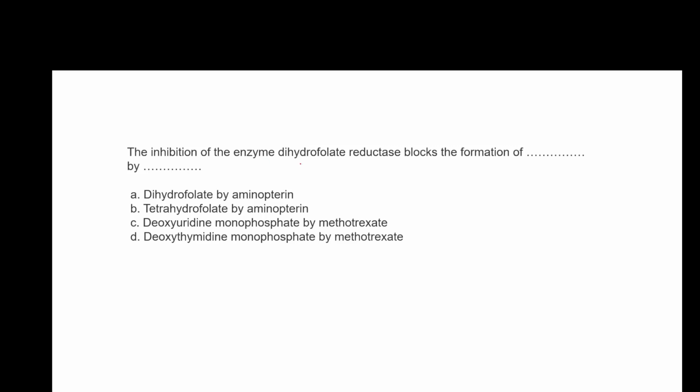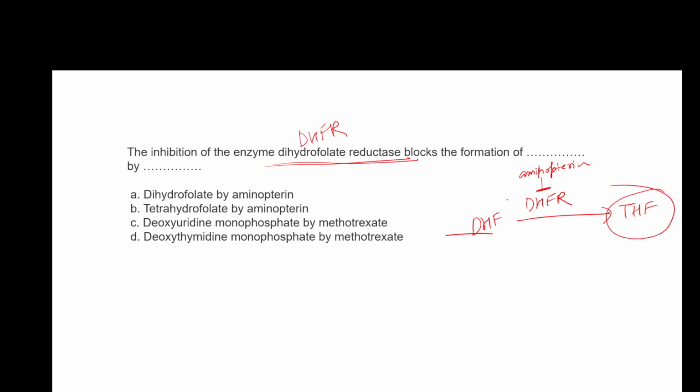Then, the inhibition of the enzyme dihydrofolate reductase, DHFR, blocks the formation of tetrahydrofolate from dihydrofolate. It's done by DHFR and it can be inhibited by aminopterin. So the correct option will be B.